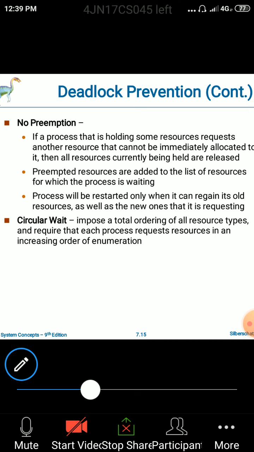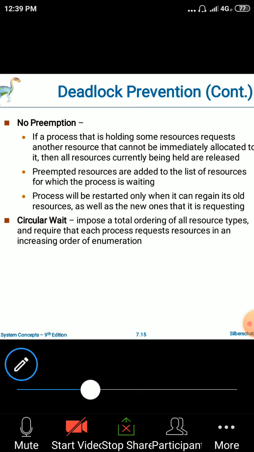By that time, the CPU held by process P1 is immediately released, added into the list of resources, and used by other requesting processes.